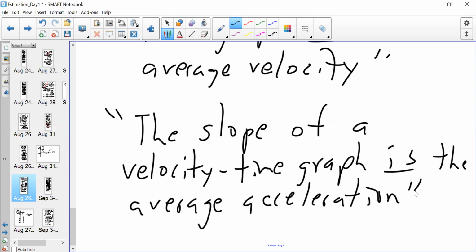The slope of a force versus mass graph will be the acceleration. The slope of a force versus displacement graph, let's see. Okay. The slope of a work or energy versus displacement graph will be a force.